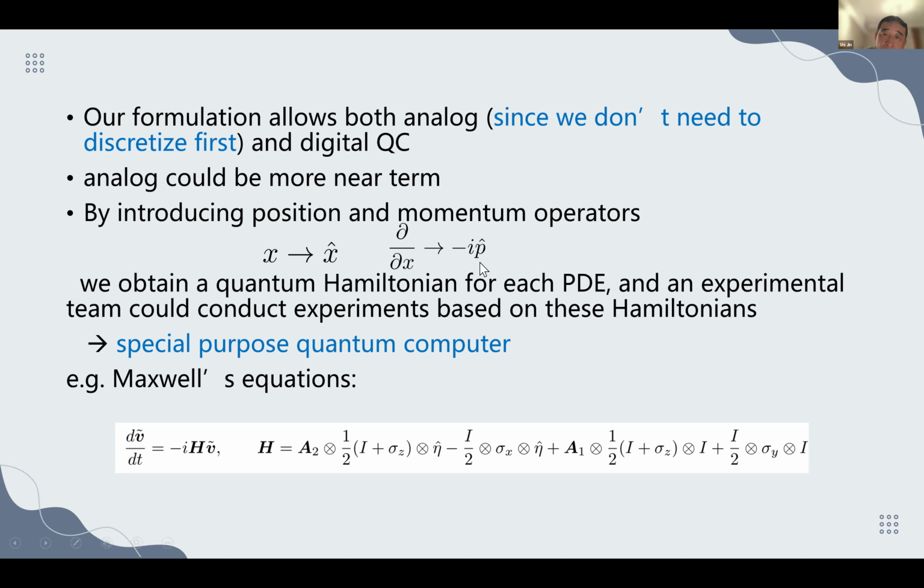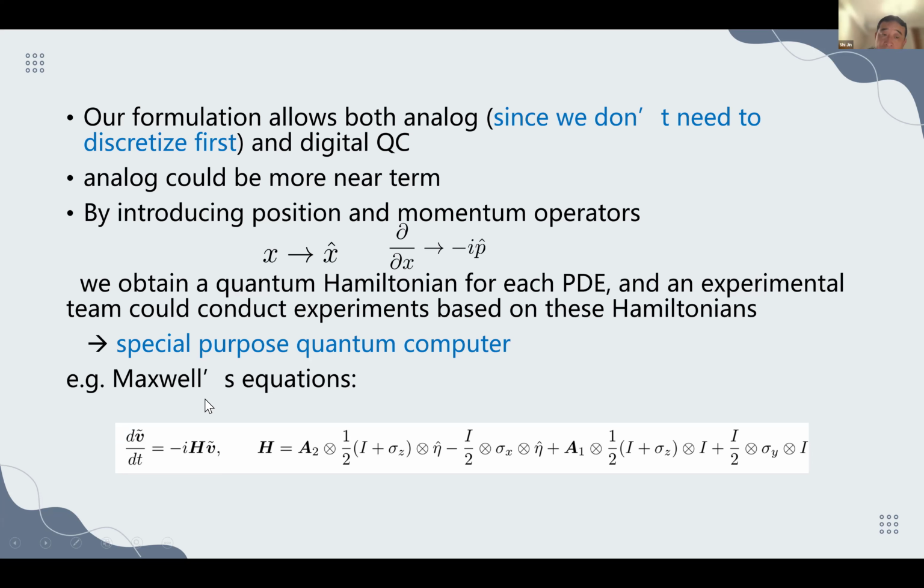Then we have a quantum Hamiltonian. We give that quantum Hamiltonian to the physics experiment. If they have a quantum device which is basically the same as our quantum Hamiltonian, then that device is essentially an analog quantum computer. That's what we call a special purpose quantum computer.